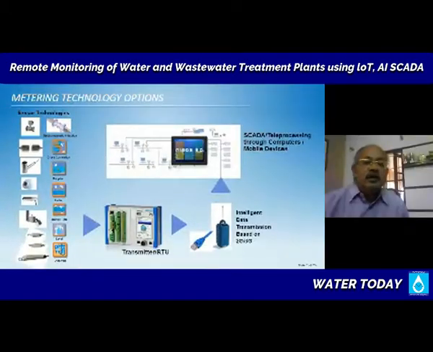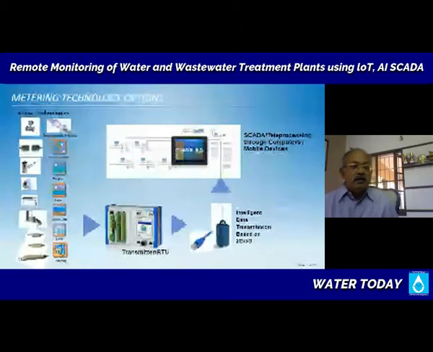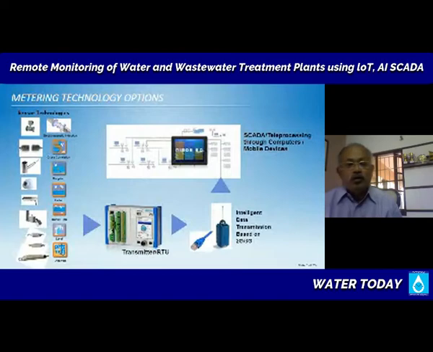So these are all the different sensor technologies. And you also have, if you are measuring at the inlet to a water treatment plant, what you have at the bottom there, like a wedge sensor. You install the sensor at the bottom of the channel, and then it is looking up and measuring the velocity and the height of flow in the channel. And then from velocity and the depth, it can calculate the volume flow directly for you.